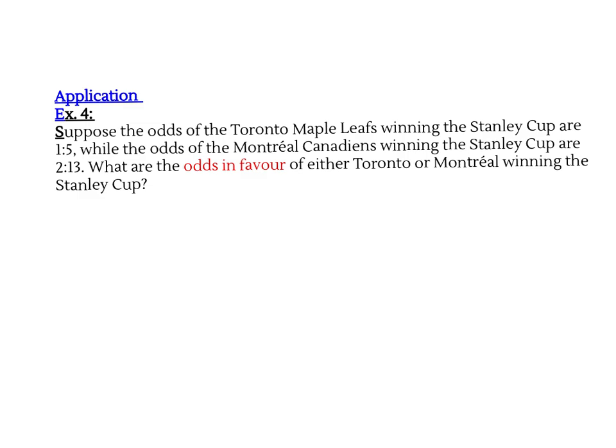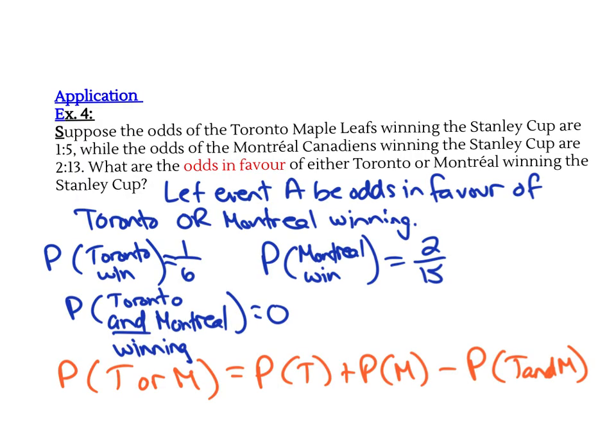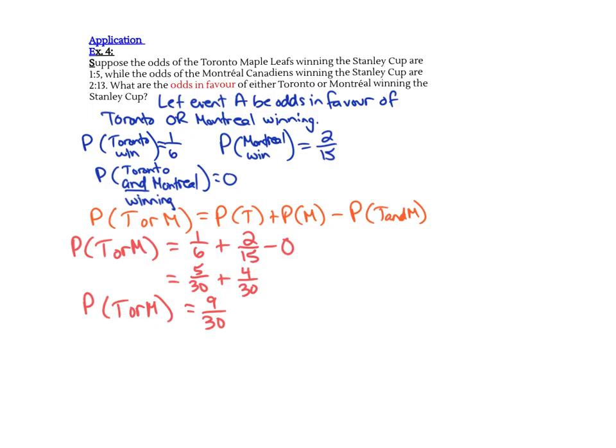And so the probability of Toronto or Montreal winning is going to be the probability of Toronto plus the probability of Montreal winning minus the probability of Toronto and Montreal winning. And since we know that the probability of them both winning is 0, we don't have to worry too much about that. So the probability of Toronto or Montreal is 1/6 plus 2/15. Get a common denominator, add them together, we get 9 over 30.